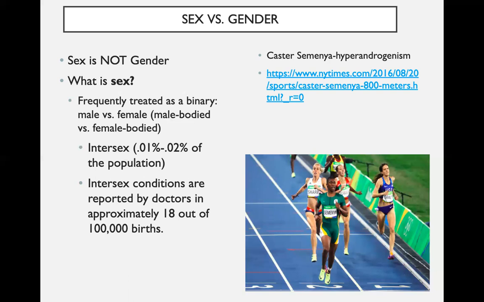Oftentimes this condition, if it is even visible or knowable at birth, which it is not always, historically has been kept hidden from the individual, and in some cases there were even surgeries that were performed on infants, what they call genital confirmation surgeries, where they basically fixed intersex individuals as infants, thus kind of stripping them of their agency to make those decisions later in life, which is why several countries, as well as several states in the United States, have now banned this practice. But it was very common up through the 90s.